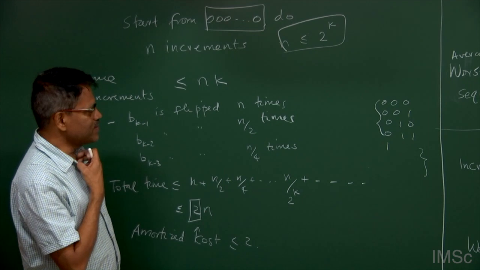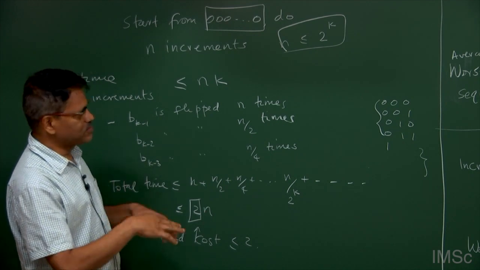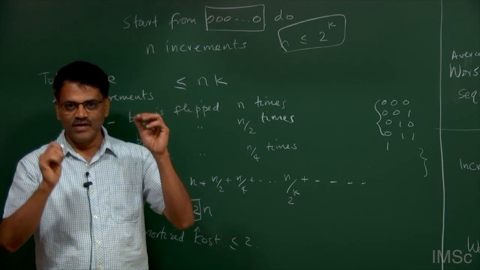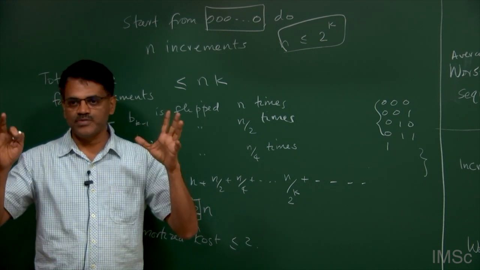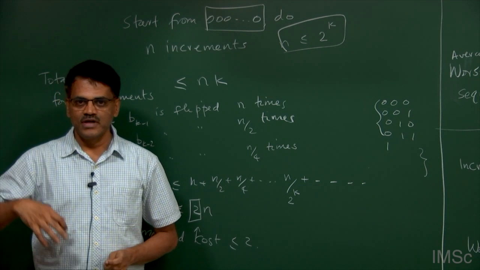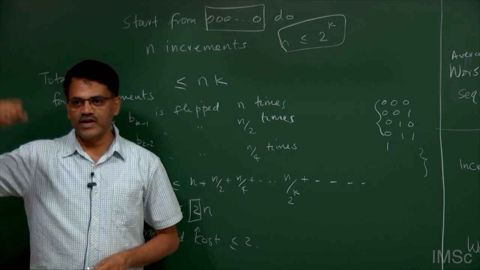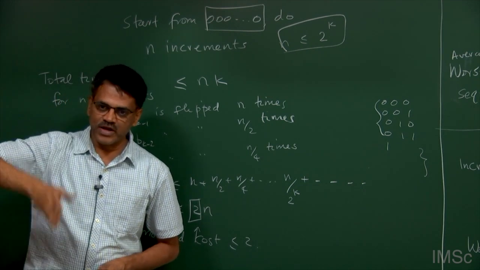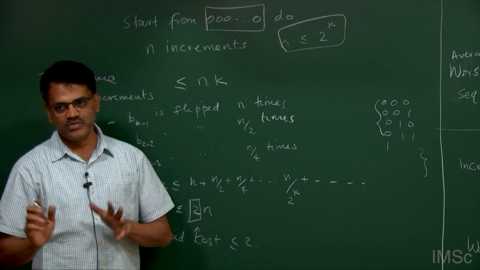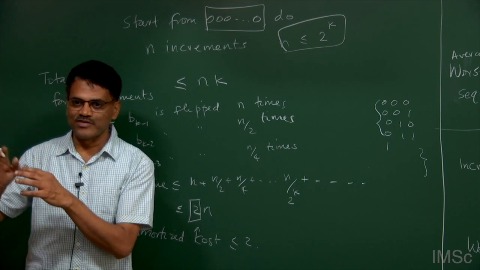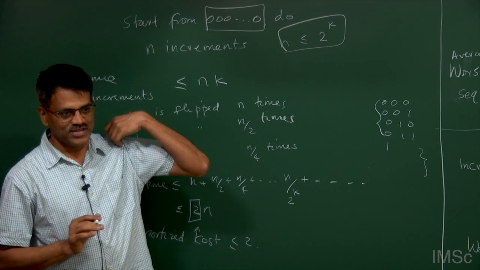But this is a very simple example where we could globally look at this and have a good snapshot of all the n increments, and at an aggregate level tell you that this bit is flipped this many times. This is often not possible when we get to something like splay trees, where we will do this amortized analysis.